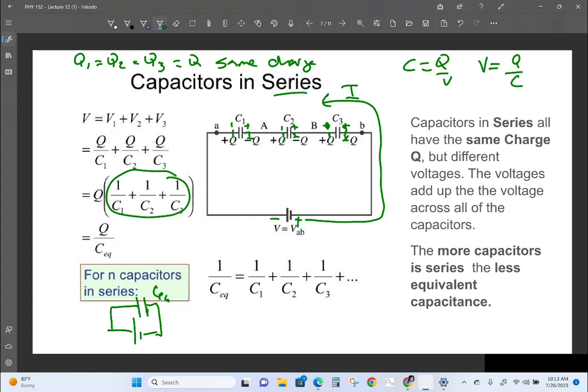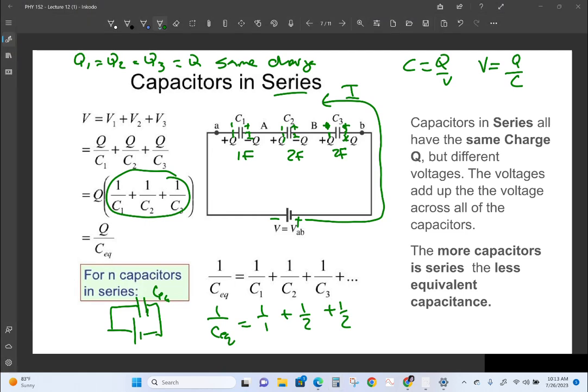So let's just put some numbers in here. If C1 is 1 farad and C2 is 2 farads and C3 is 2 farads, then 1 over CEQ would be 1 over 1 plus 1 over 2 plus 1 over 2.